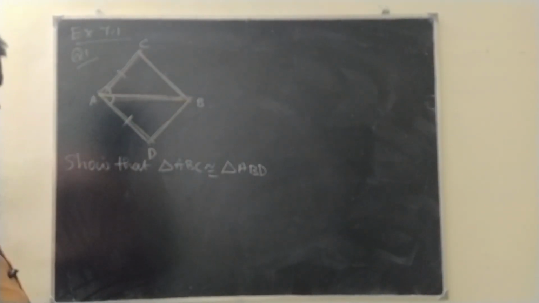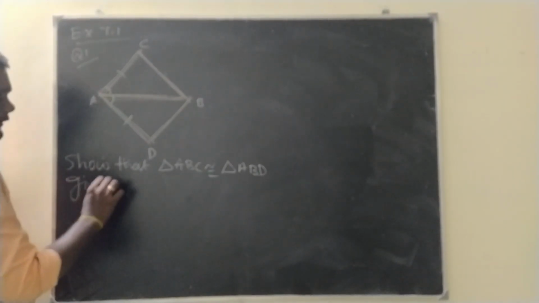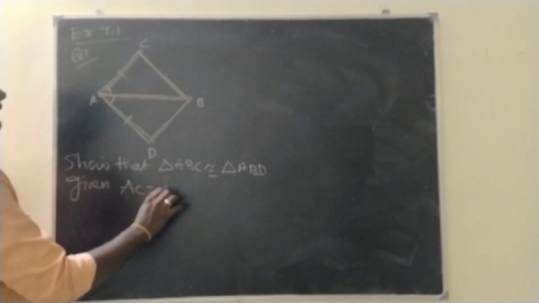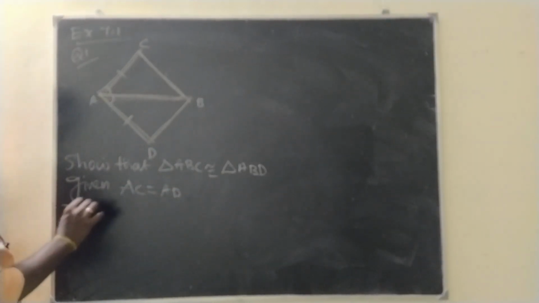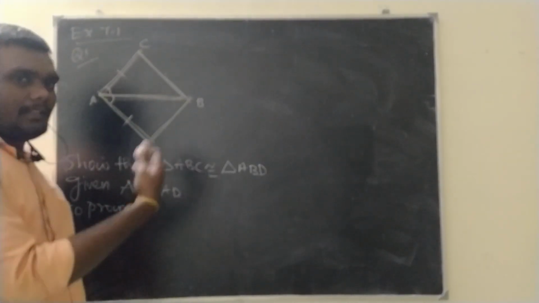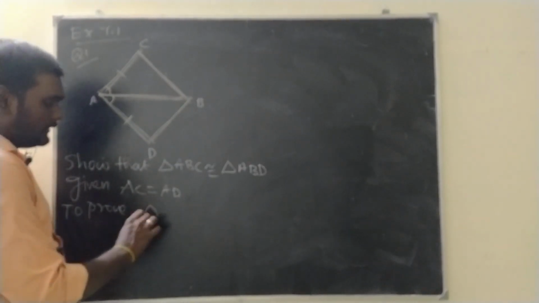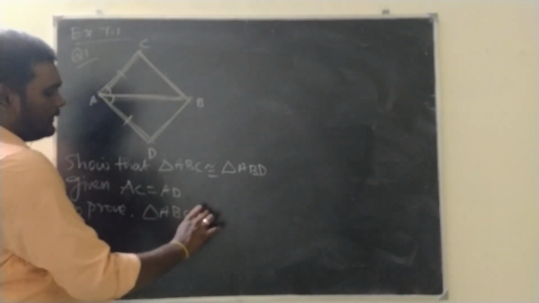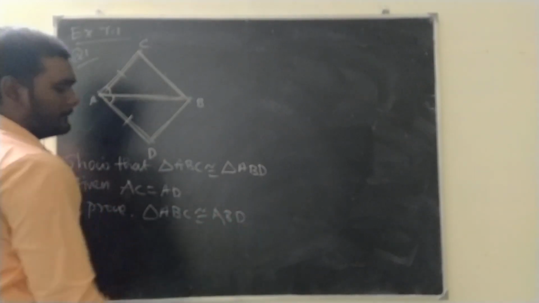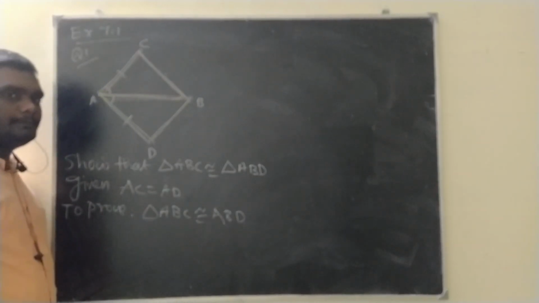Now observe this. First we have to write what is given. What is given? AC is equal to AD, and we need to prove triangle ABC is congruent to triangle ABD. This is the answering format. For that, the supporting arguments we have to list below.